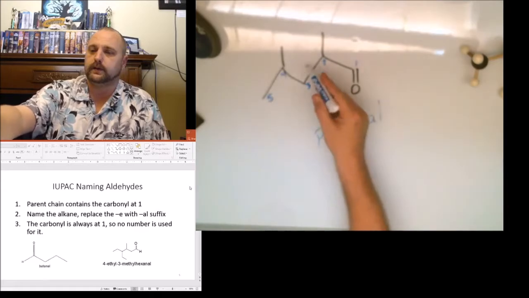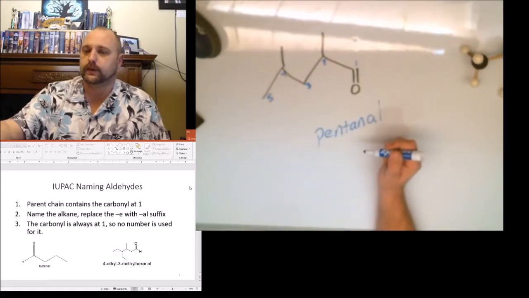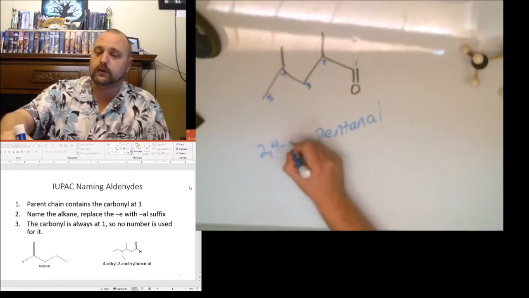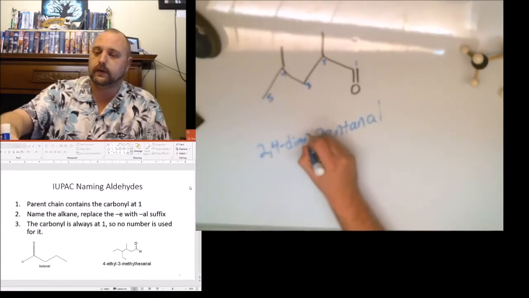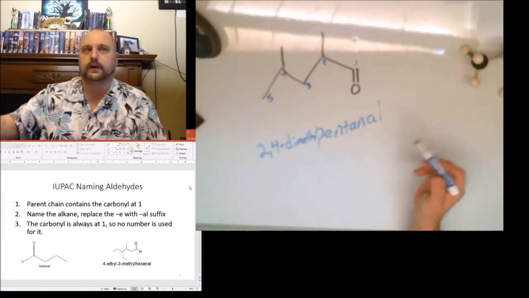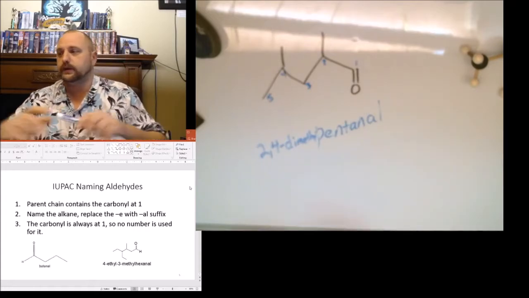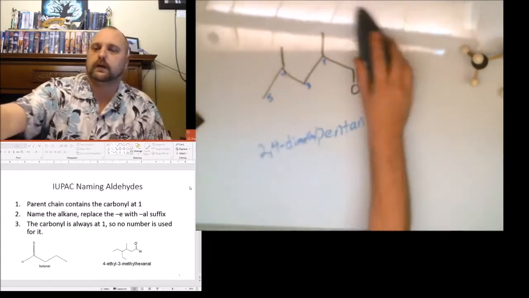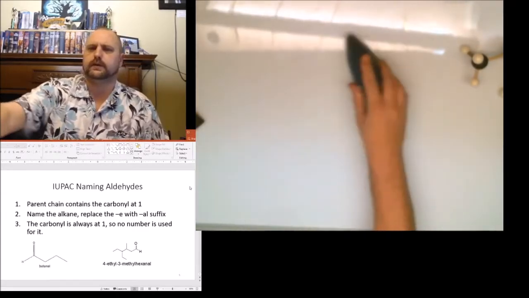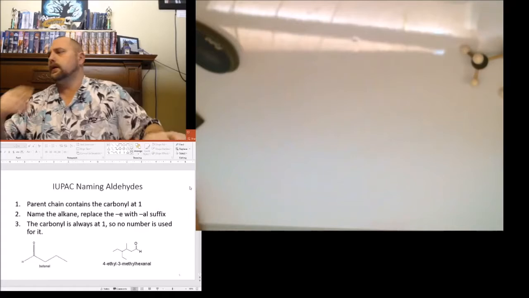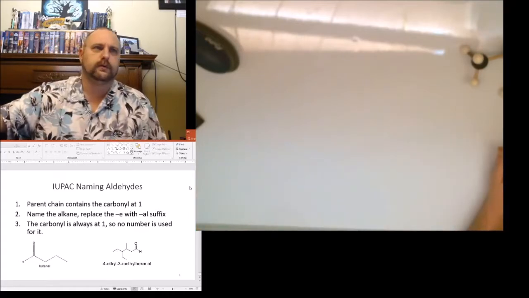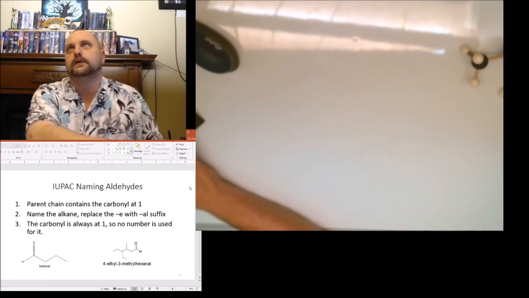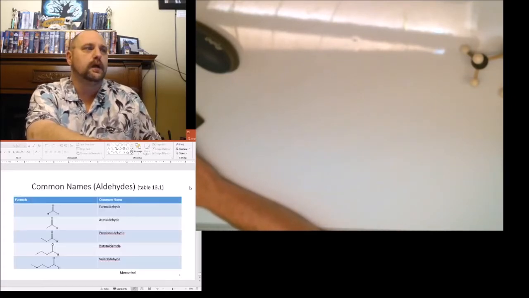So pentanal, it's got a methyl group at 2, a methyl group at 4. So 2,4-dimethyl, and it's just like the last one, run out of space. Dimethylpentanal. Don't like that pen already. The problem with being at home, I can't throw my pens very far. My lab partner here would decide to chase them. So IUPAC's pretty easy, always ending in AL.